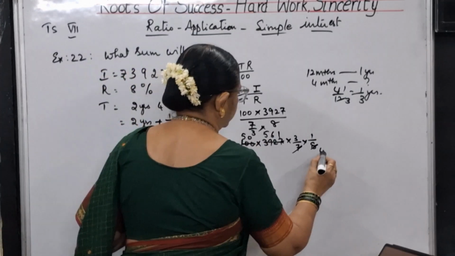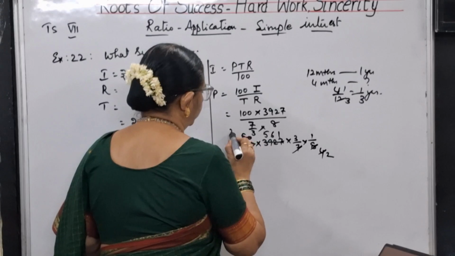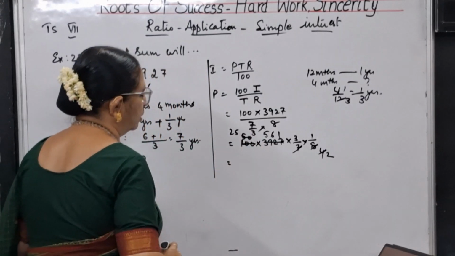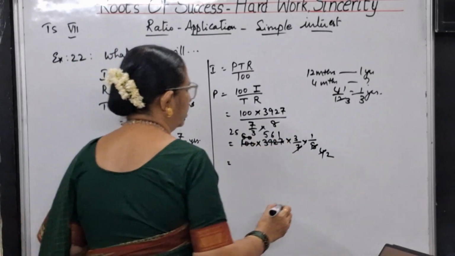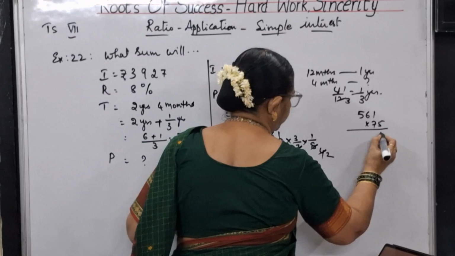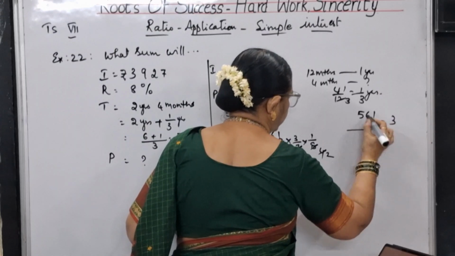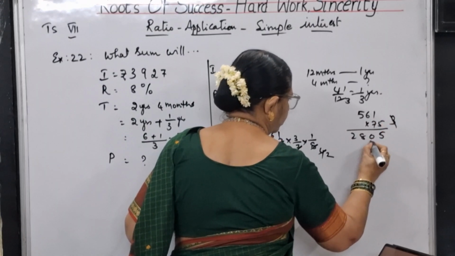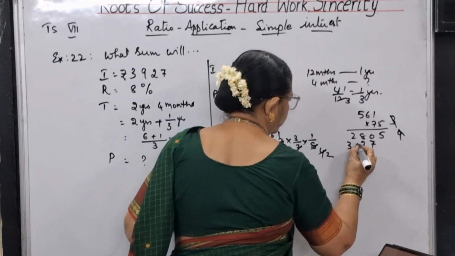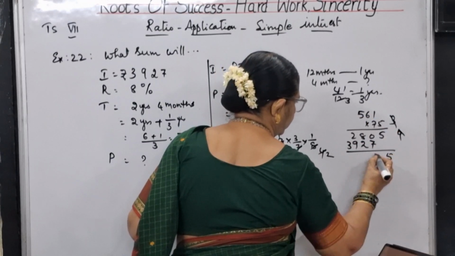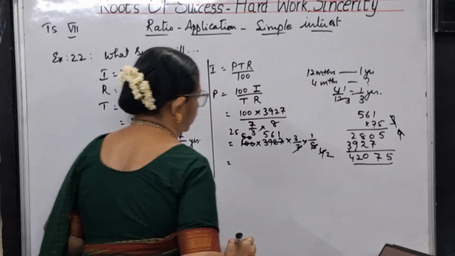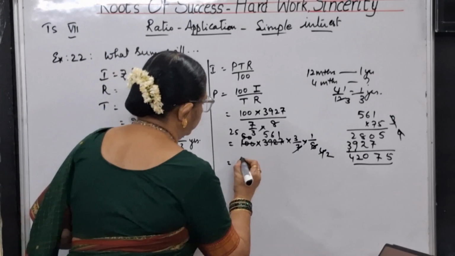Okay. 2 2s are 4. 25 into 561, so how much are you getting? 25 threes are 75. 561 into 75. 5 ones are 5, 5 6s are 30. 25 3 28. 7 ones are 7, 7 6s are 42. 35 4 39. So 5 here, 7 here, 10 here, 12 here, 4 here.